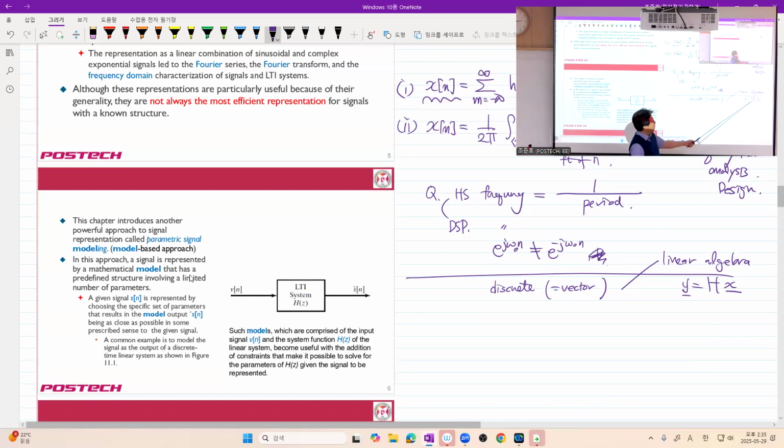For example, if matrix H is a so-called Toeplitz matrix, then it could be some finite samples taken at the input and output of a discrete time linear time invariant system. And if H is a circulant matrix, then you have some other property.